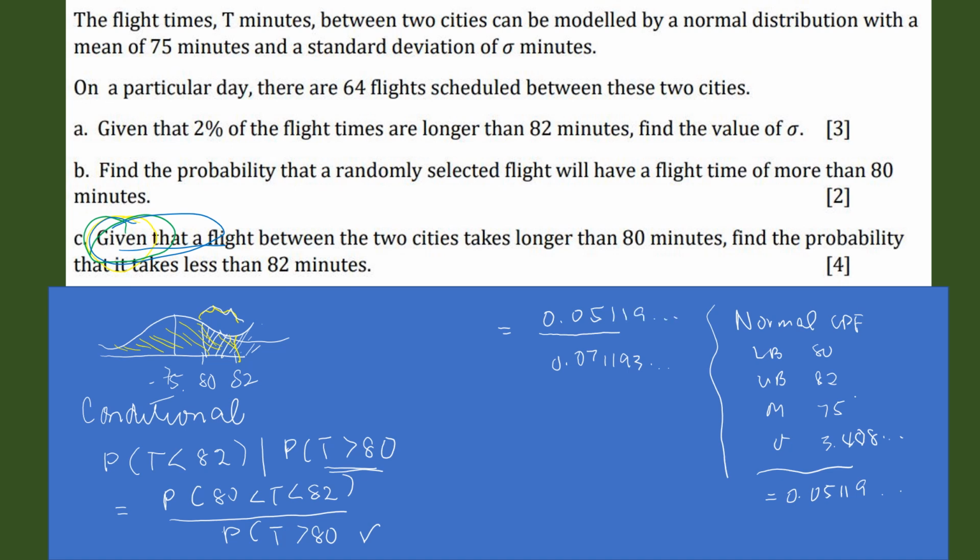Then it will give you this result, 0.719075, and you have to give your answer to 3 significant digits because you cannot give it as exact. If you cannot give it as exact, then give it in 3 sig fig: 0.719.